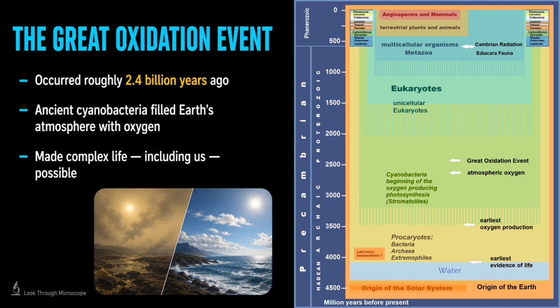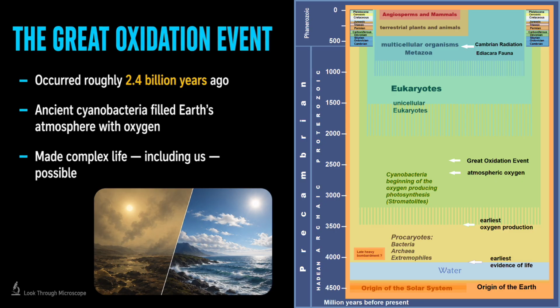Here's the fact that I think deserves its own spotlight. Cyanobacteria, the exact group Oscillatoria belongs to, are believed to be responsible for one of the most important events in the history of our planet, the Great Oxidation Event, roughly 2.4 billion years ago. Before that, Earth's atmosphere had almost no free oxygen.